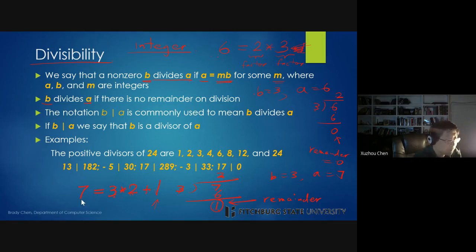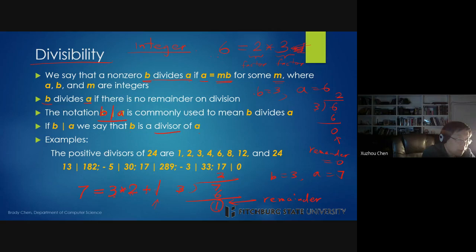Normally, if b divides a, we use the notation b, bar, a, which means b divides a. When b divides a, we say b is a divisor of a.